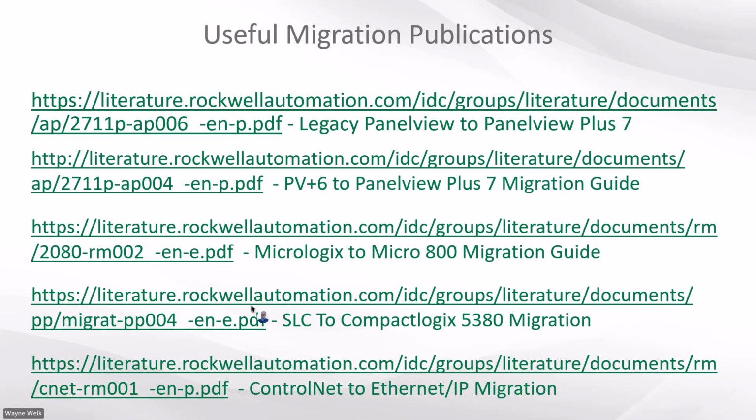Nice thing about these manuals, if there's any dimension issues, they'll let you know, and they'll also let you know if there's an adapter issue, and also if there's any communications conflicts. A lot of the old PanelView standards might have been using more of a serial-based protocol. These manuals will let you know where those issues are, and that's some of the things you're going to have to correct on your own.